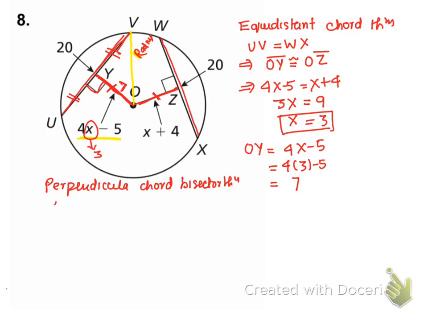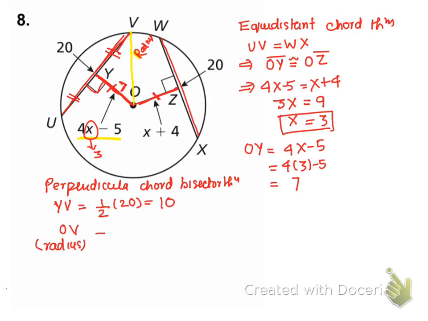So YV is equal to half of 20. That's going to be 10. So I got both legs. I have to just find the radius. So I could say OV, that's actually the radius here.